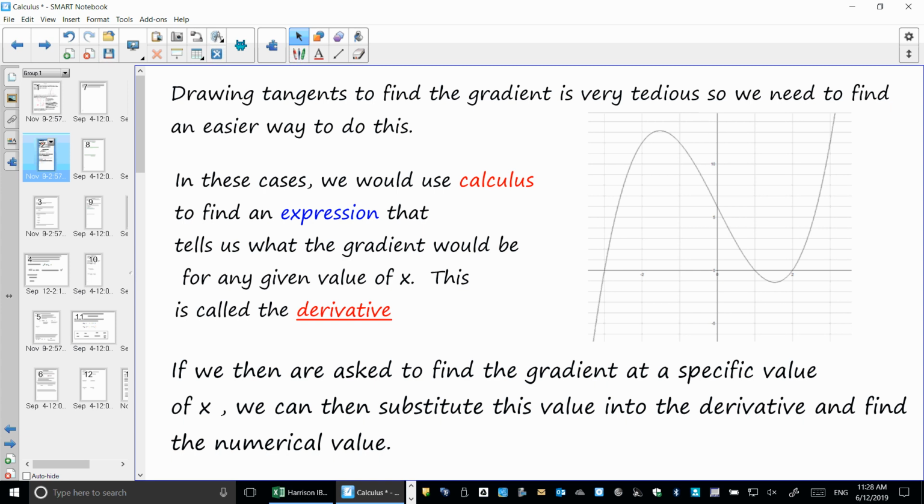We would use calculus. Our calculus expression is a derivative. So we differentiate something and we end up with the derivative. That's an expression that involves x, usually. If I want to find the gradient at a particular value for x, I then substitute that in and get an answer. Okay?